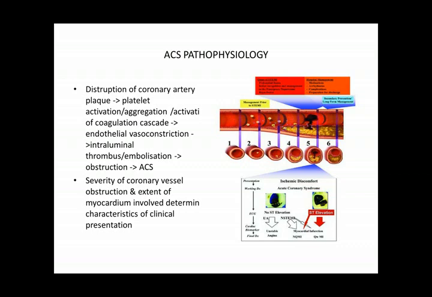The other circulations are not there, the communication is lacking. Then the area supplied by that vessel is going to be necrosed. This is ischemia. It will cause infarction in the end. This is how the pathophysiology of the acute coronary syndrome is described.